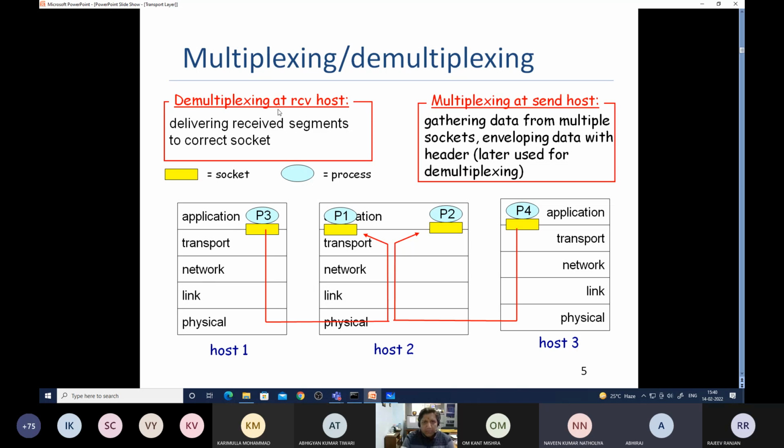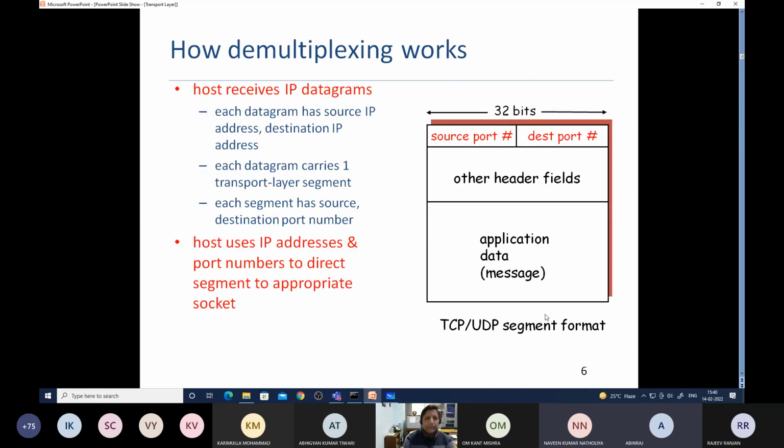So this is how multiplexing and demultiplexing is provided by the transport layer. How does demultiplexing work? Each datagram has a source IP address and destination IP address. As we know, SIP and DIP are there in the IP header fields.